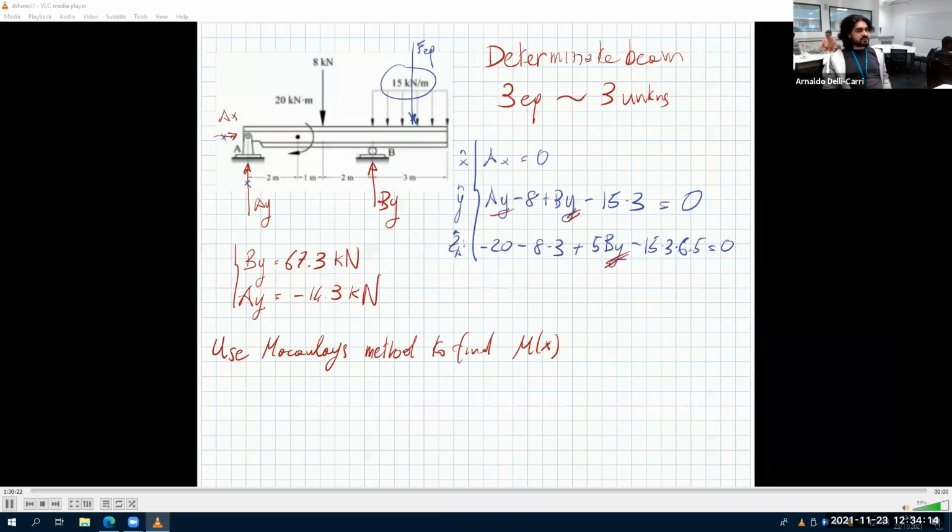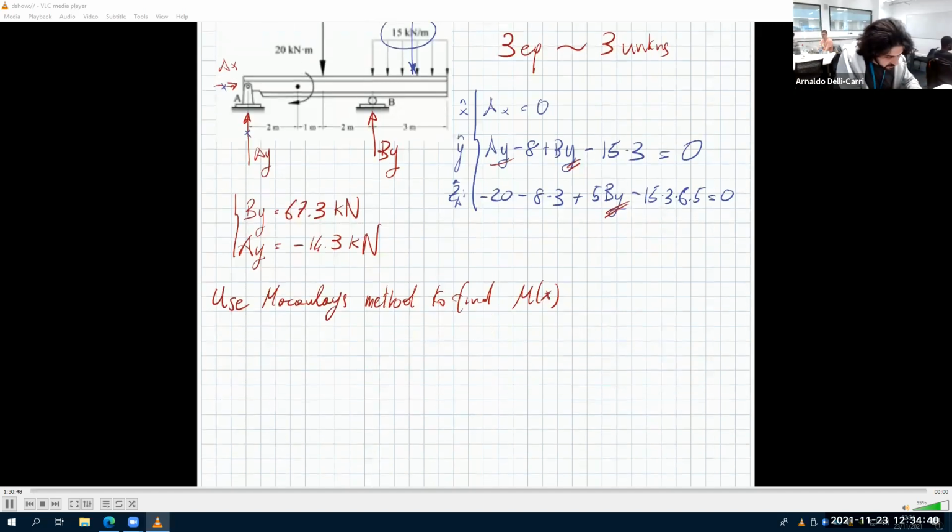So we start with Ax minus Ay. Of course, this one will not give any moment starting at here. The forces here never give moment.